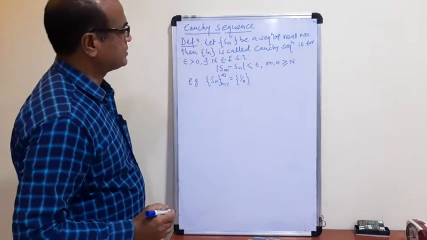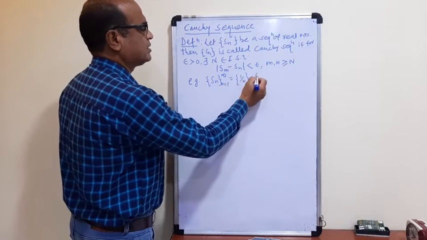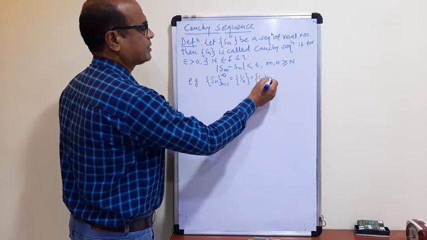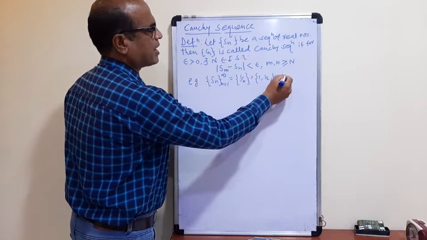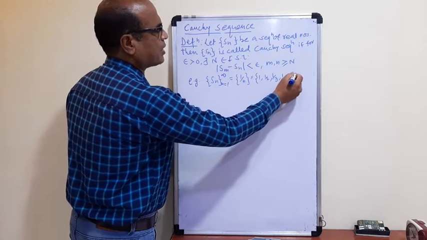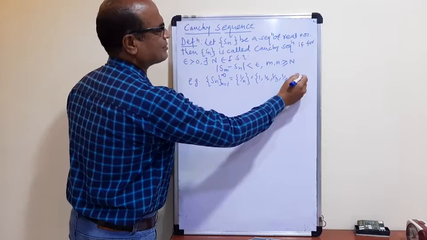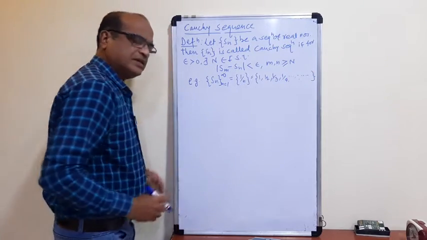So what is the sequence? Put n equal to 1, that is 1. n equal to 2, then 1 half. n equal to 3, 1/3. And 1 by 4, and so on, 1 upon n. So this is the sequence here.